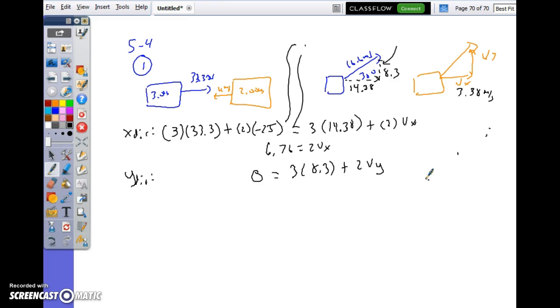I get velocity in the y direction is negative 12.45. So then it's down, so I drew it the wrong direction. It's to the right and down. If I were to redraw it, it'd be 3.38 this way and 12.45 this way.